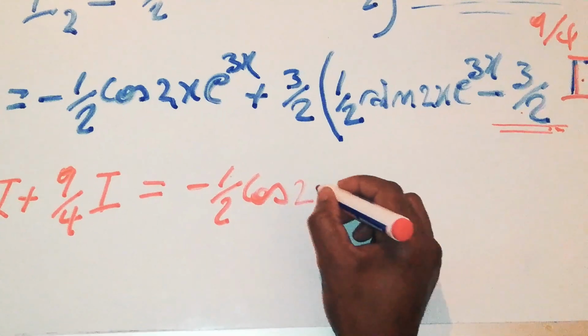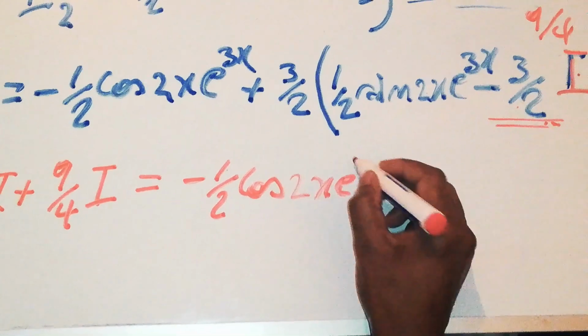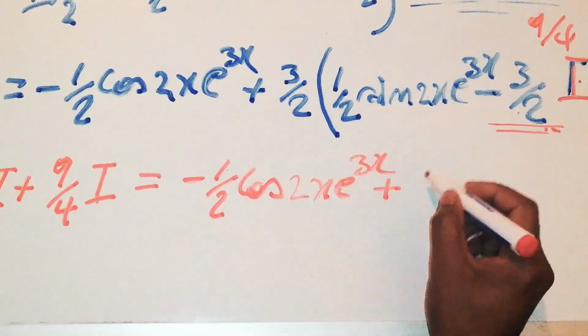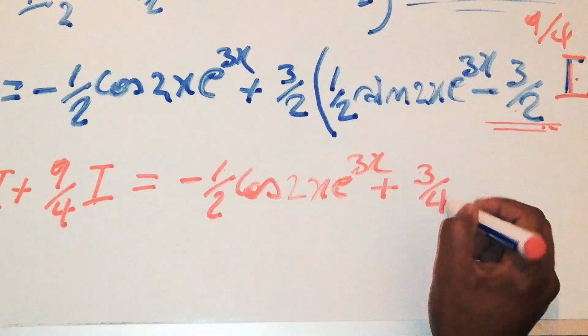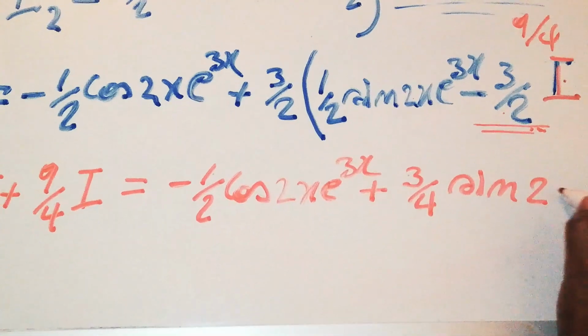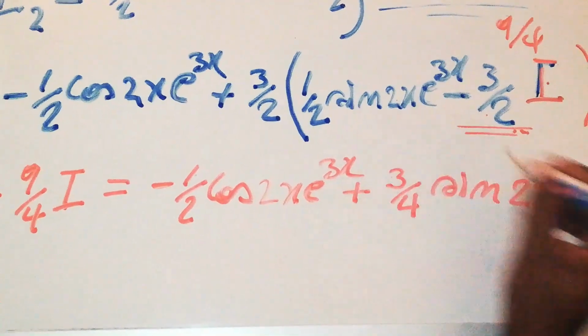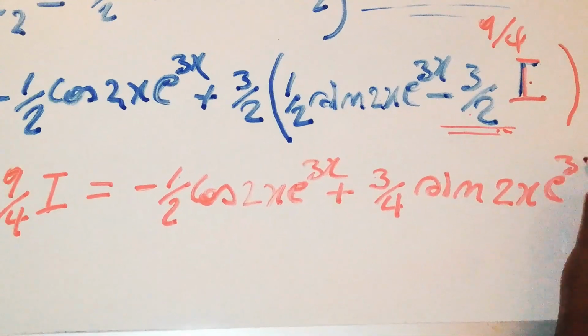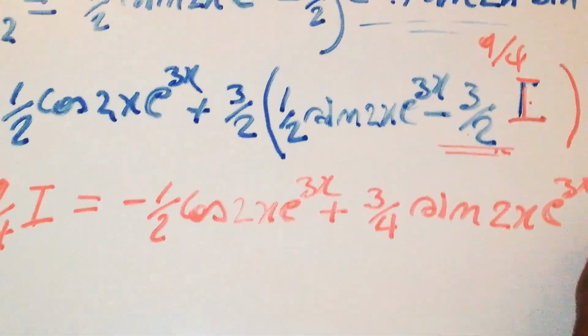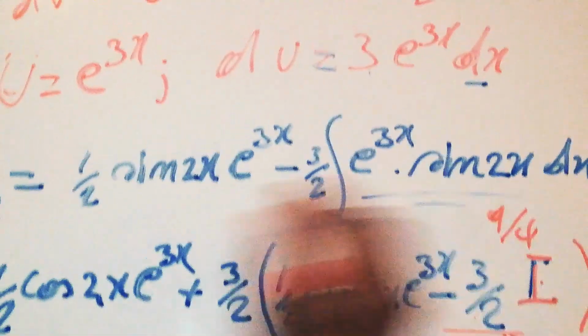cos of 2x e exponent 3x plus 3 over 4 sine of 2x e exponent 3x. Okay, so I'm gonna write it for you this way.